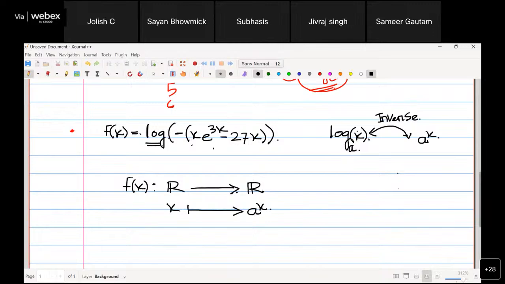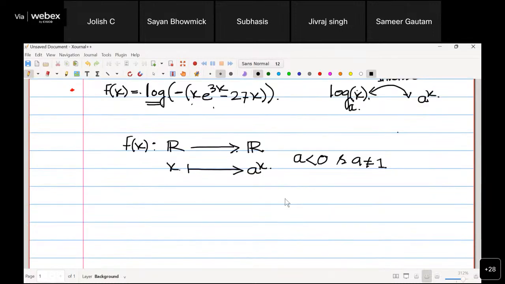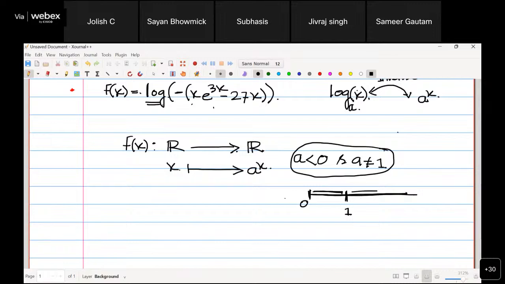Again there is some condition on a: a can't be less than 0 and a can't be 1. If you consider this case, a is greater than 0. Let's say this is 0, and certainly it can't be 1. So basically a is in this interval or in this interval.